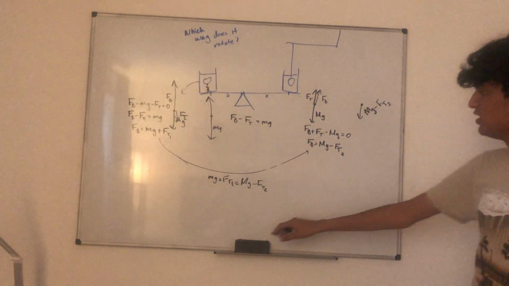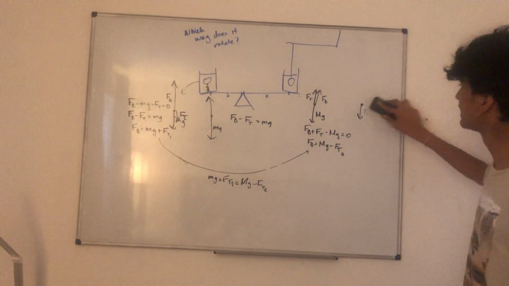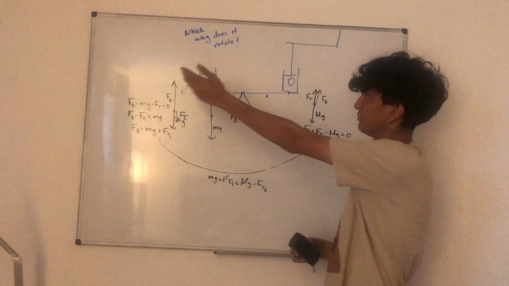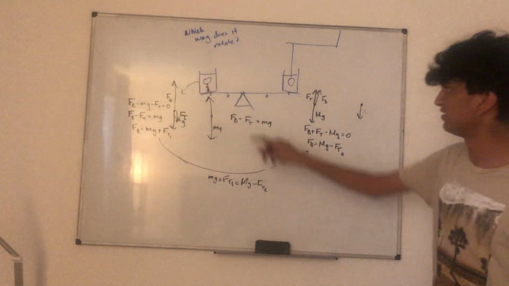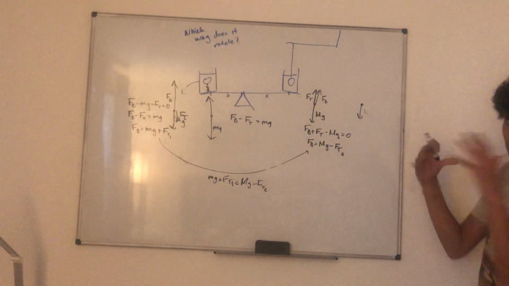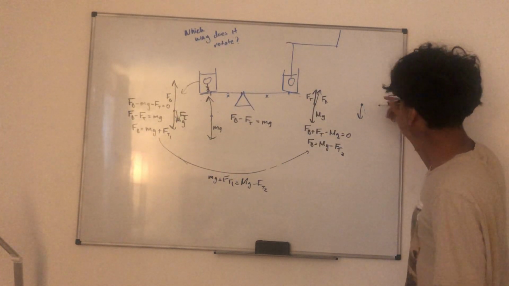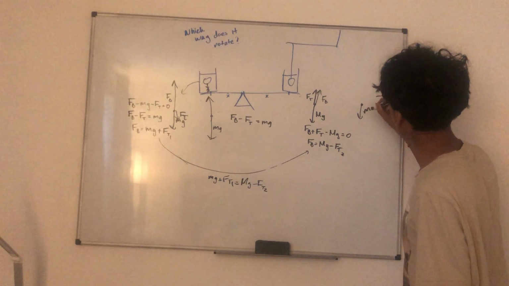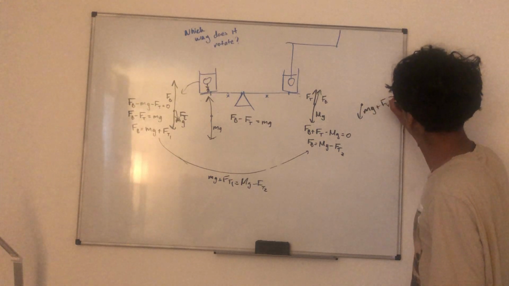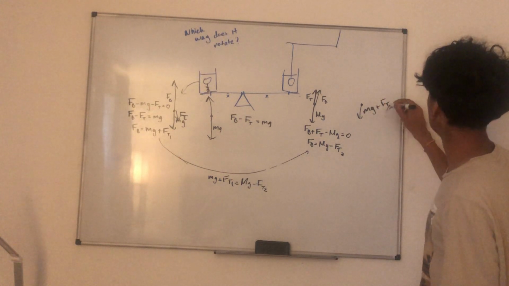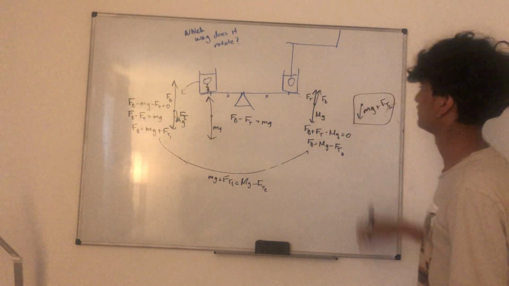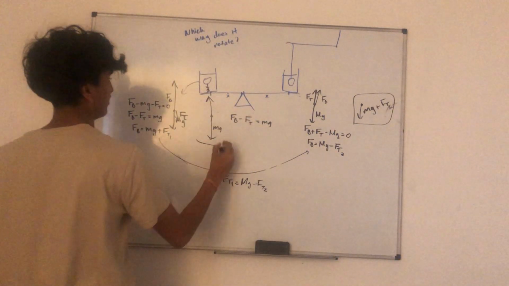I can just substitute in the little mg, the little mass. And it's kind of crazy because these aren't connected. I'm not saying that this is causing a force on this. I'm just showing mathematically speaking, this force would be equal in size to mg plus Ft2, or Ft1 really, and that would give us our answer.